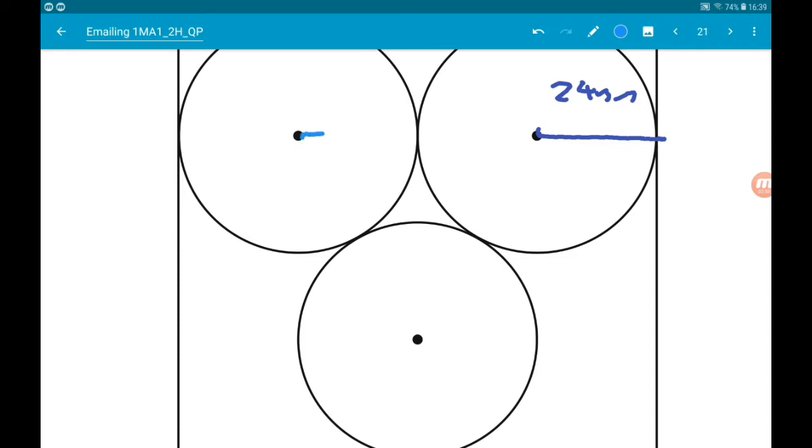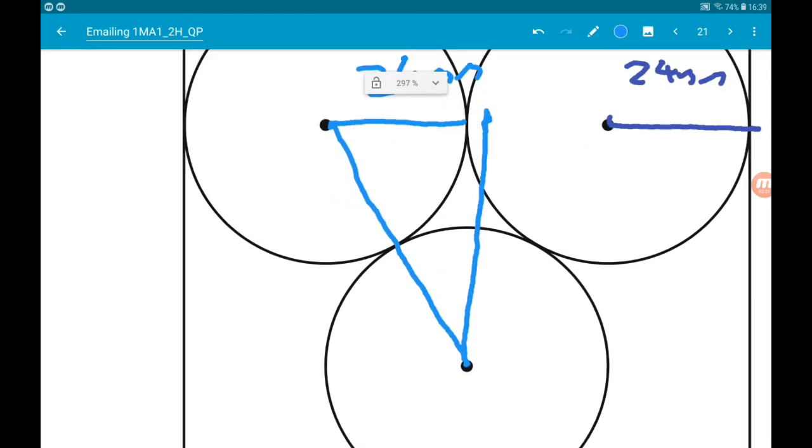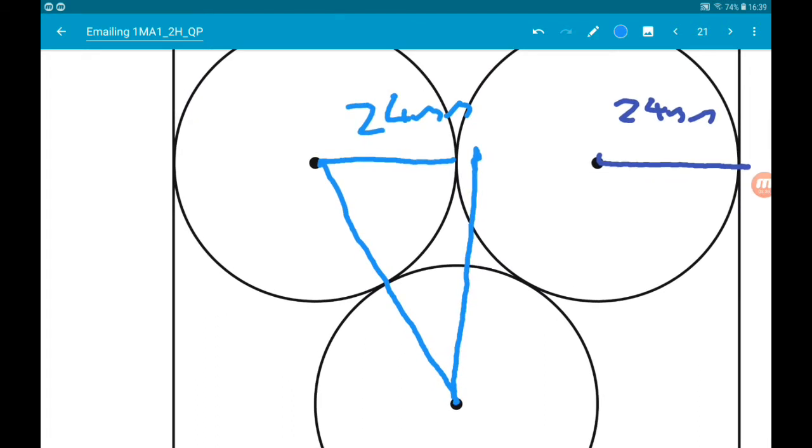So, we know that length is 24. The length that we don't know and the one that we need is that guy. And the other length goes from centre of the circle to centre of the other circle. Now that line is going to go through the point where the circles meet. So this line is 2 lots of the radius, or the diameter. So, 48 millimeters.